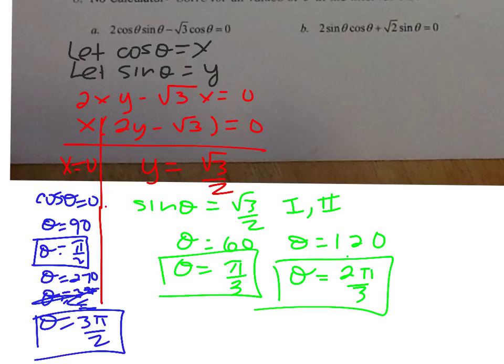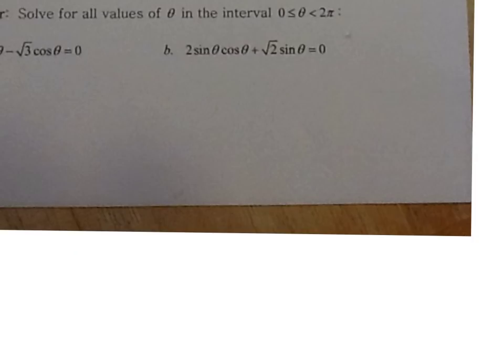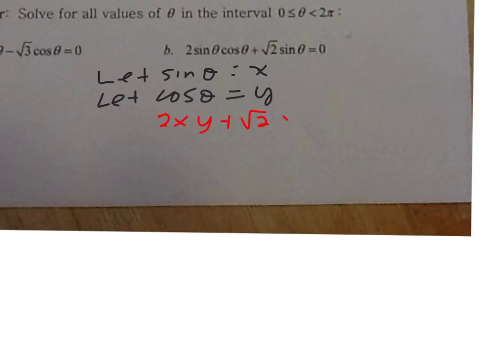All right, let's take a look at B. All right, so I'm going to write my let statements. Let sine theta equal x. Let cosine theta equal y. So we have here 2xy plus the square root of 2x equals 0. GCF is x. Factor out the x.